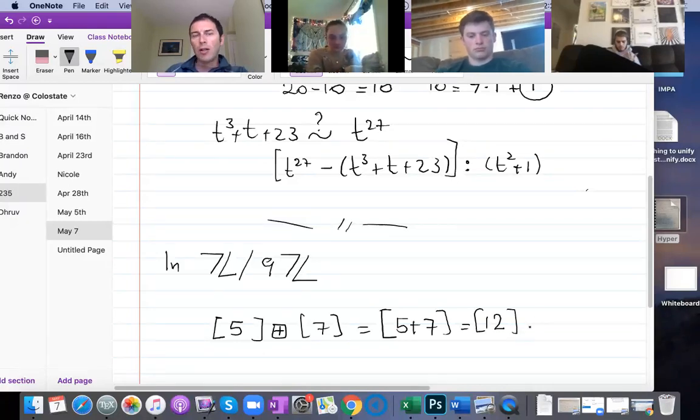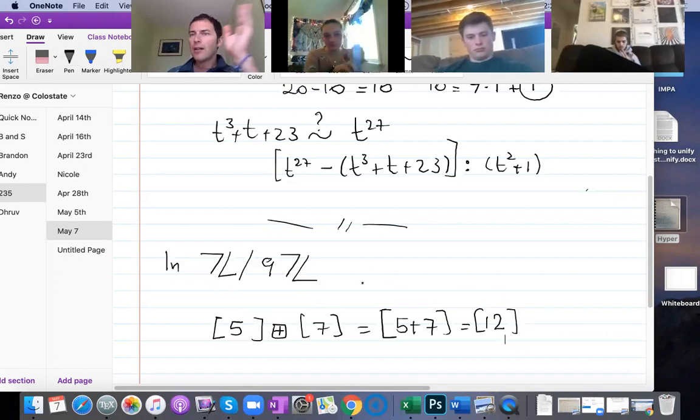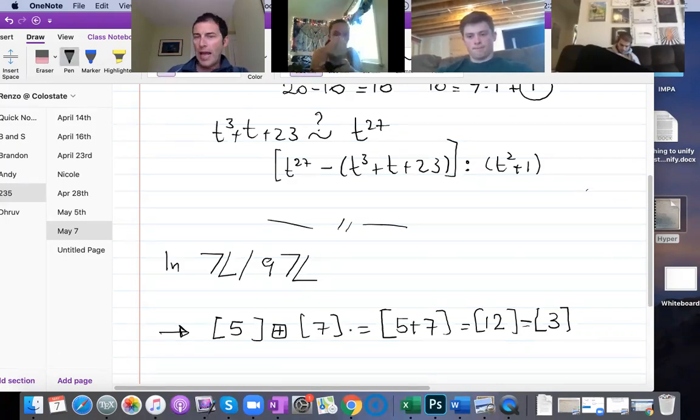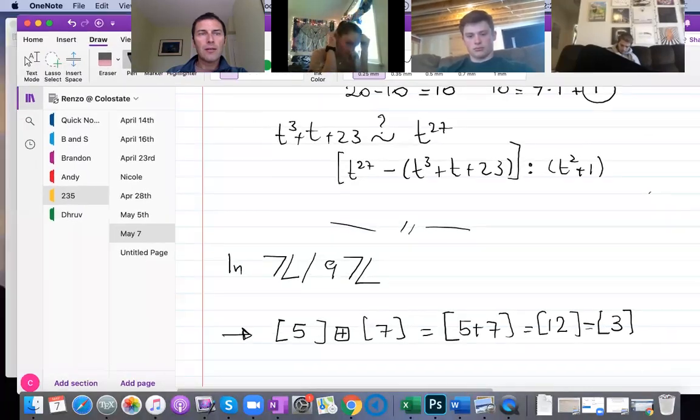And then if we want, we like to call the elements of Z mod 9Z the numbers 0 to 8. Then you can say this is the same thing as the equivalence class of 3. Okay, so this is what happens for integers. We're going to do exactly the same with polynomials.